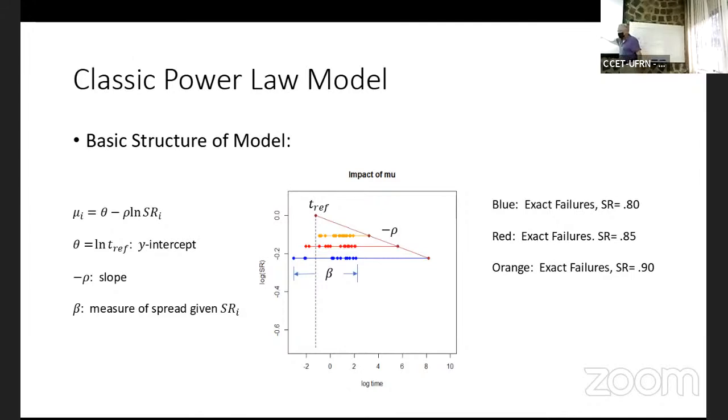This is the real structure of the data. Notice that this would be the characteristic life at the stress ratio of 0.9. This is the log characteristic life for a stress ratio of 0.85. This is the log characteristic life at a stress ratio equal to 0.8. Okay? We don't have any data near them.